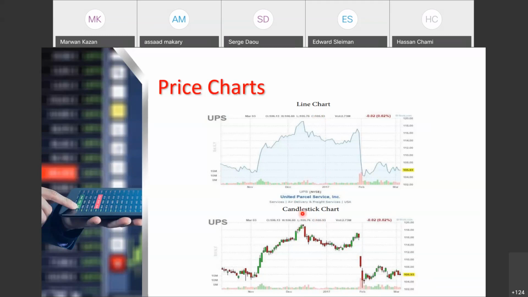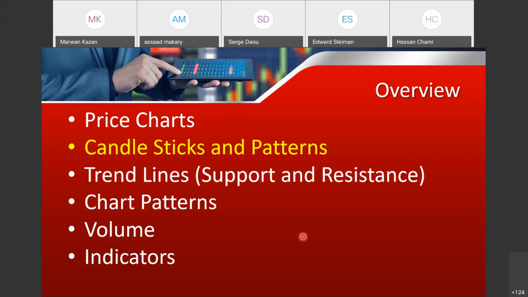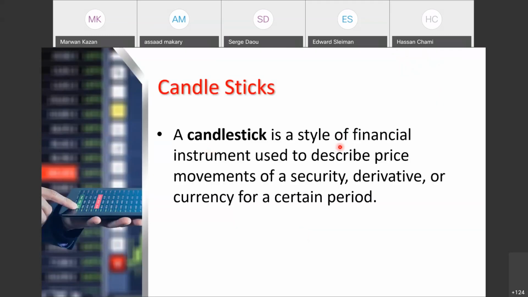In order to be able to read such a chart, we have to start with reading each candle alone. That's why we can now talk about candlesticks and their patterns. A candlestick is a style of financial chart used to describe price movements of a security, derivative or currency for a period of time. Let's see what we mean.